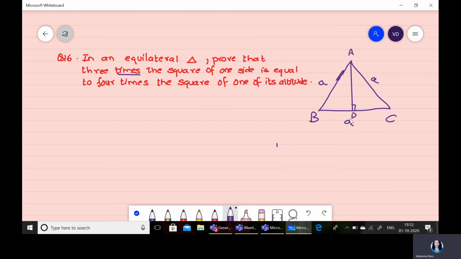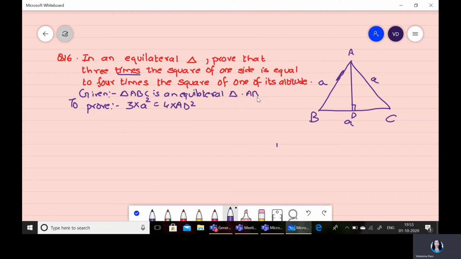Basically we have to prove that 3 into A square is equal to 4 times the square of the altitude, that is AD square. I hope this is very clear. Given: triangle ABC is an equilateral triangle, and we know that equilateral triangle means all sides are equal.